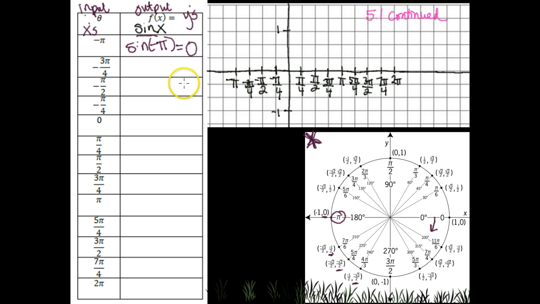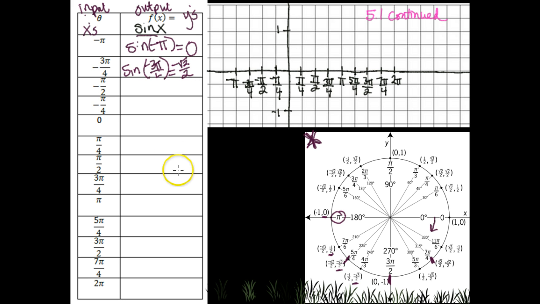Sine of negative 3 pi over 4. Well, here's negative 1 pi over 4, here's negative 2 pi over 4, so here is negative 3 pi over 4. So negative 3 pi over 4 is equivalent to 5 pi over 4, and that's the y value, negative root 2 over 2.